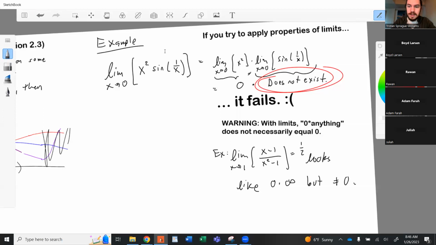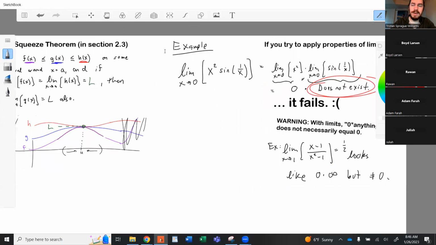So you can't just say that this is going to equal 0 based on the fact that it's 0 times something. Okay, but that doesn't mean it's not equal to 0. It just means that this strategy doesn't allow us to conclude that it's 0.